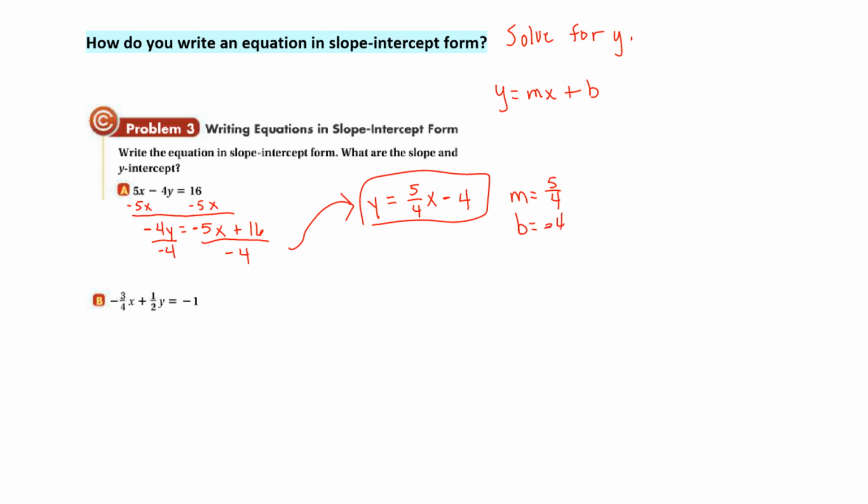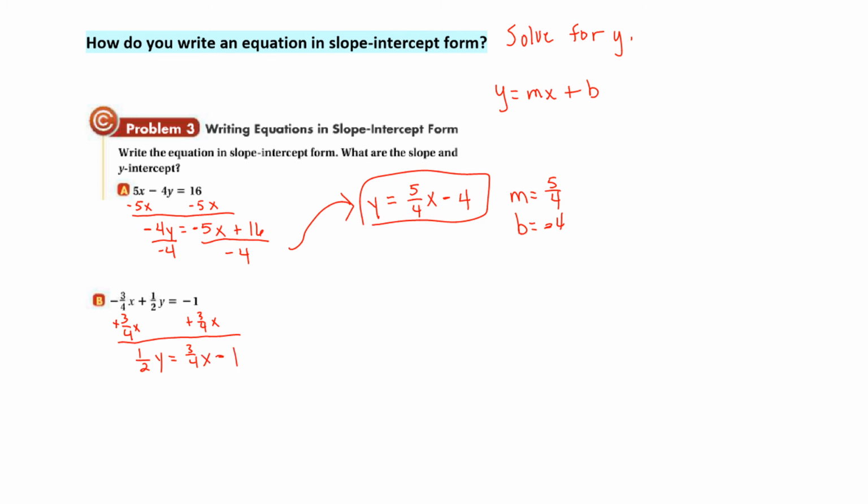Now if I look at example B, I'm getting y by itself, so I'm going to add 3/4 x to both sides. So then I have 1/2 y equals 3/4 x minus 1.